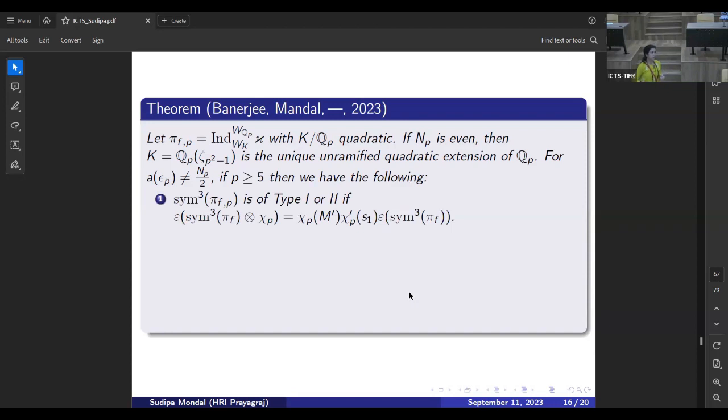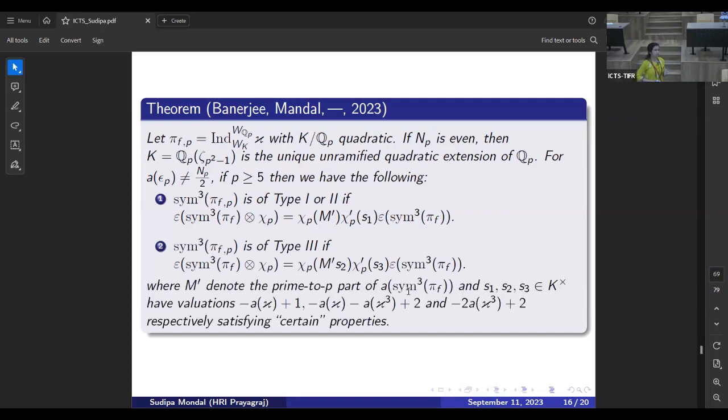Under this condition, we have that Sym^3 pi_P is of type 1 or type 2 that we have defined earlier. What does it mean by that? If the ratio of the symmetric cube global epsilon factor is this quantity, it is of type 1 or 2, and it will be of type 3 if the ratio is this quantity, where M prime is the prime-to-P part of the conductor of the global representation Sym^3 pi_F.